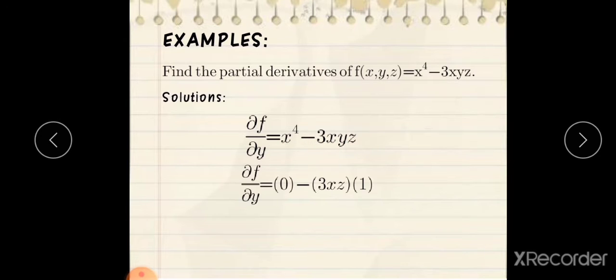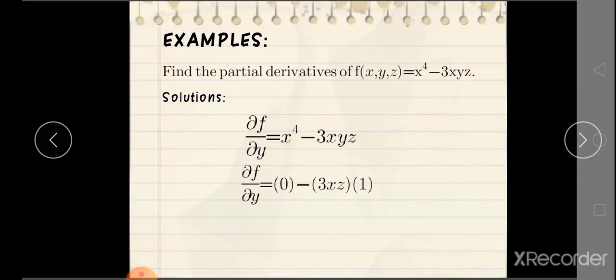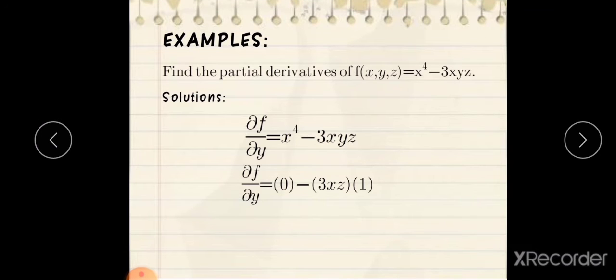So now, the partial derivative of the function with respect to y is equal to: x to the fourth, which is a constant. We treat it as a constant. So the answer is 0.